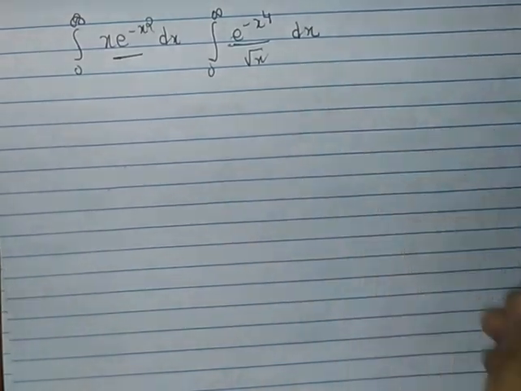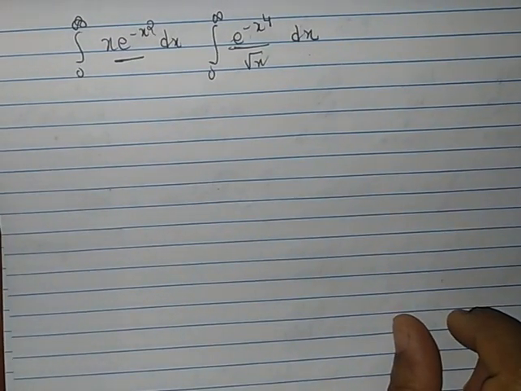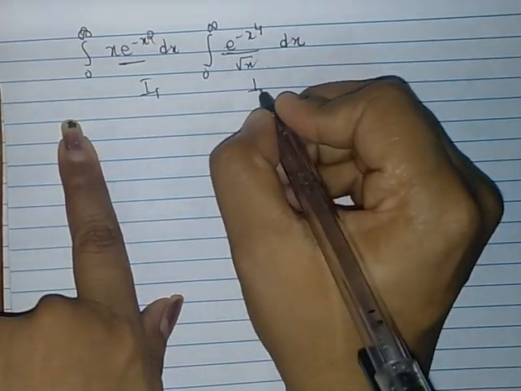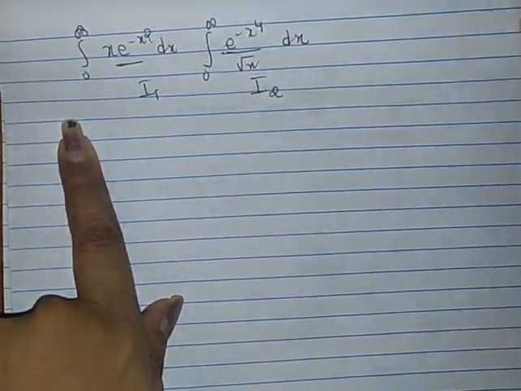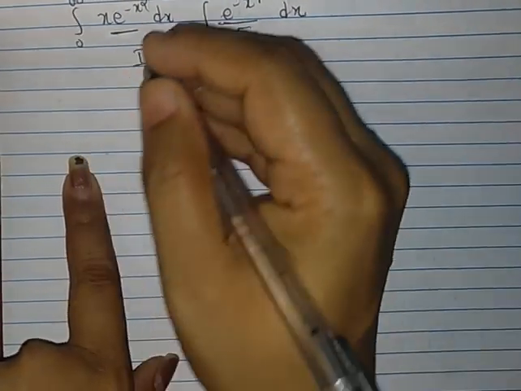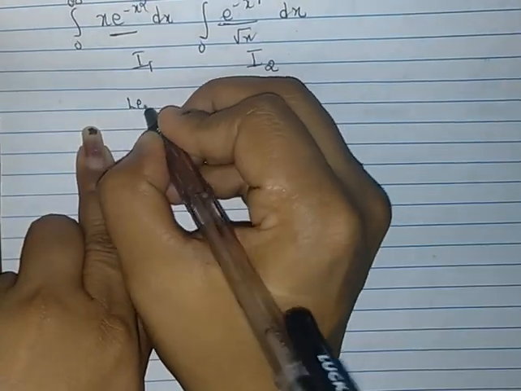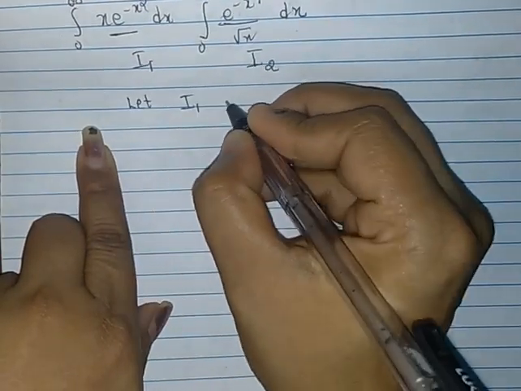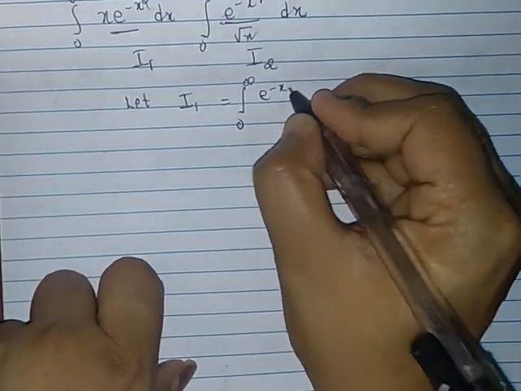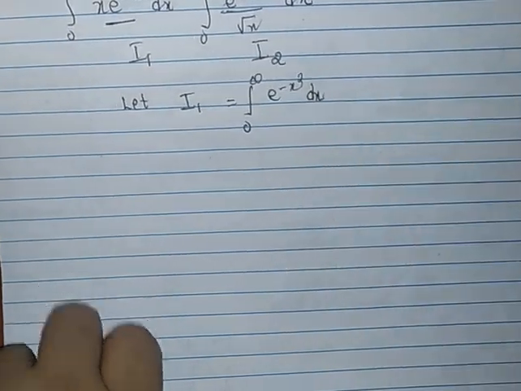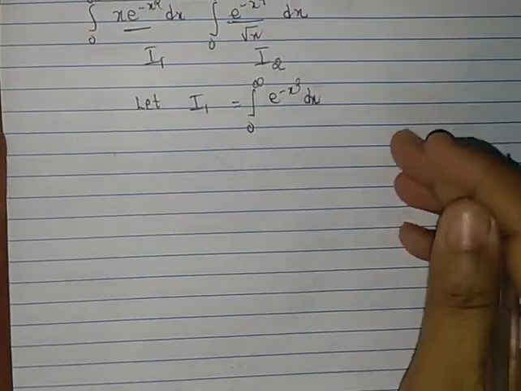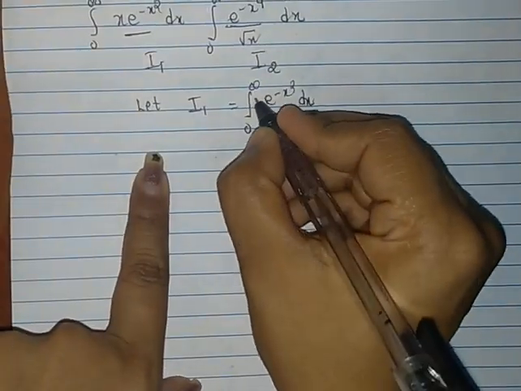The two exponential terms which I have: e raised to minus x square, the first integral, which I'll name I1, and the second one, which I'll name I2. In my I1, I'll be interested in the exponential term. So let I1 equal integral 0 to infinity e raised to minus x square into dx, and the other factor is x.